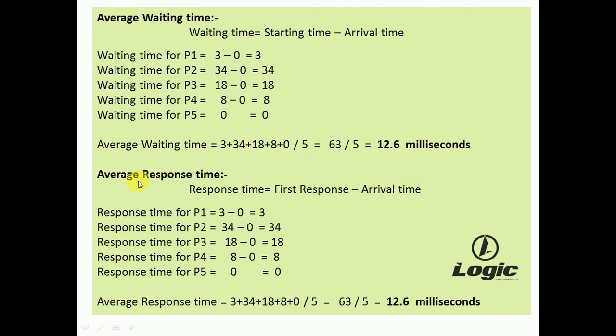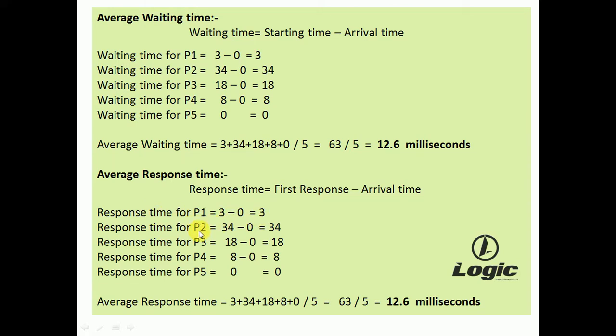Then we calculate the average response time. The formula is: response time is equal to first response minus arrival time. For process P1, the first response is at 3 milliseconds minus 0, which is equal to 3 milliseconds.